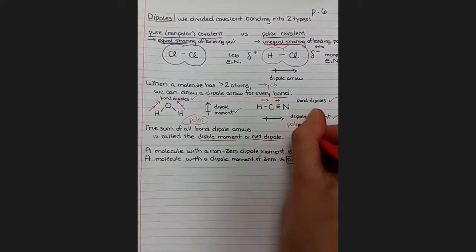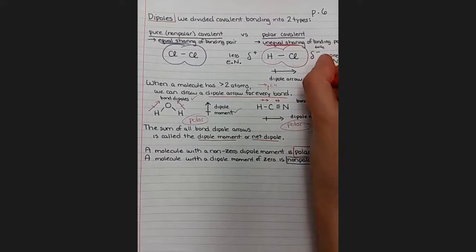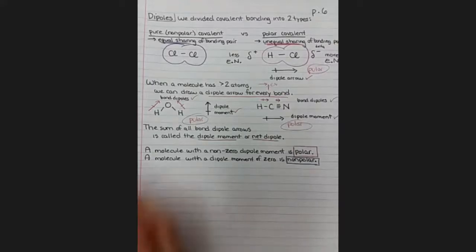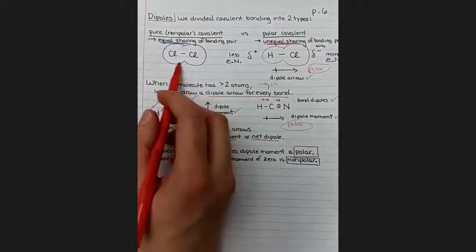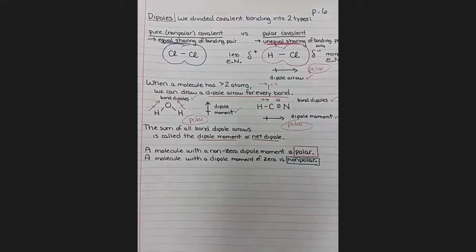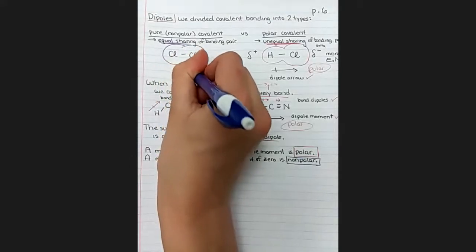So this molecule is going to be polar. For our HCl that we drew up here, we only have to draw one dipole arrow because there's only one bond in the entire molecule. And so it's going to be polar in this one as well. Up here, we cannot draw a dipole arrow for this bond because the two atoms are equally electronegative. So this molecule is going to be nonpolar.